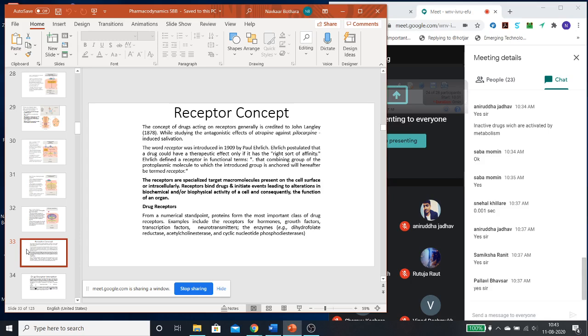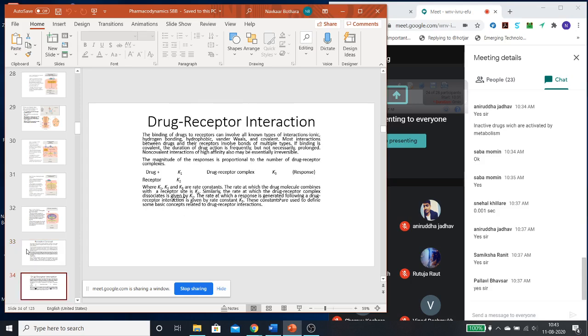It should have an affinity and it should have some unit which will show activity. So these are how various receptors are there, and important now is how the drug receptor interactions will be taking place.